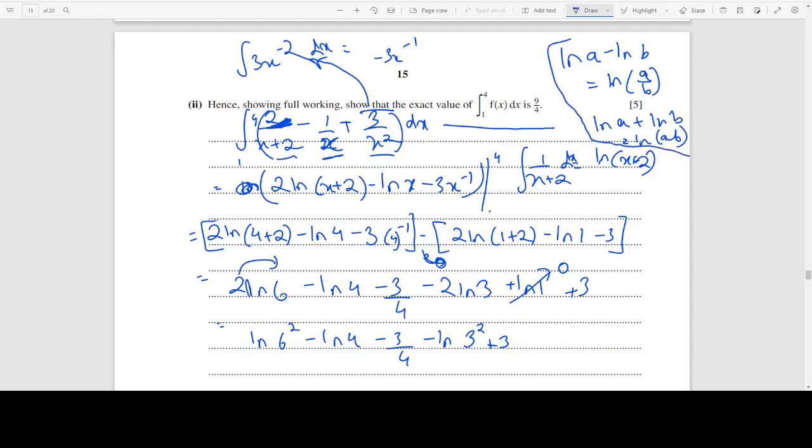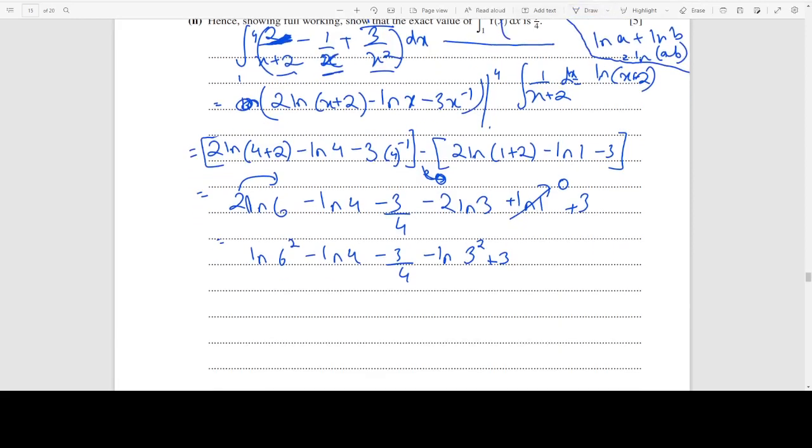So this is equal to ln of 36 divided by 4, minus ln 9, plus 3 minus 3 upon 4, which is 9 upon 4.